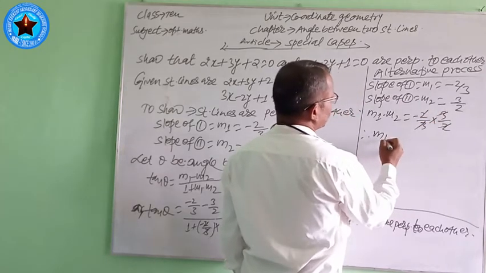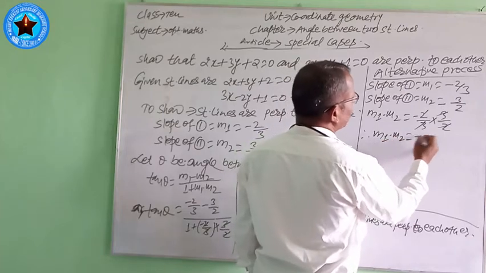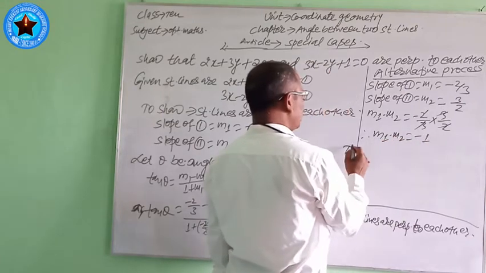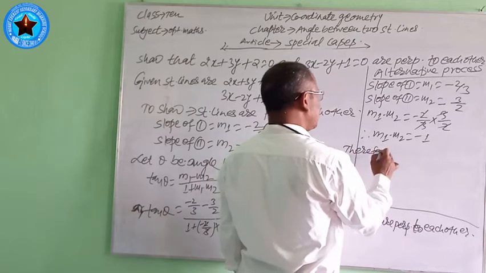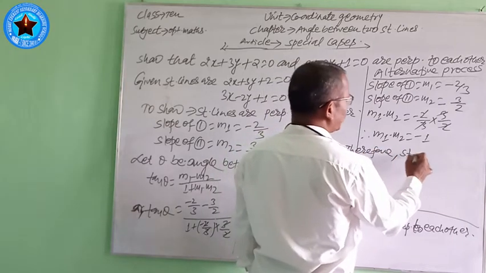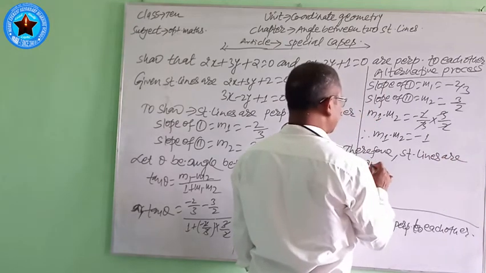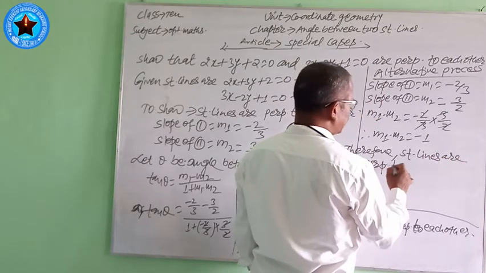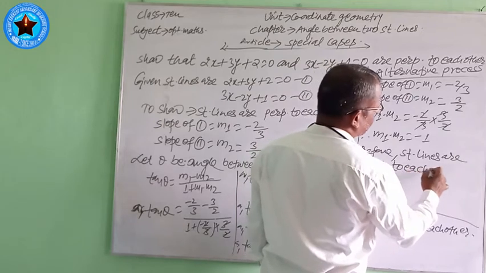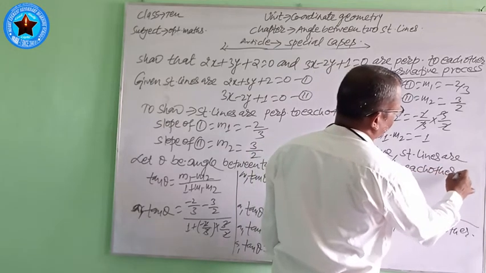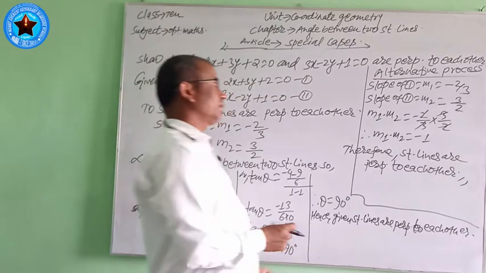It gives us m1 into m2 equals minus 1. Therefore the straight lines are perpendicular to each other.